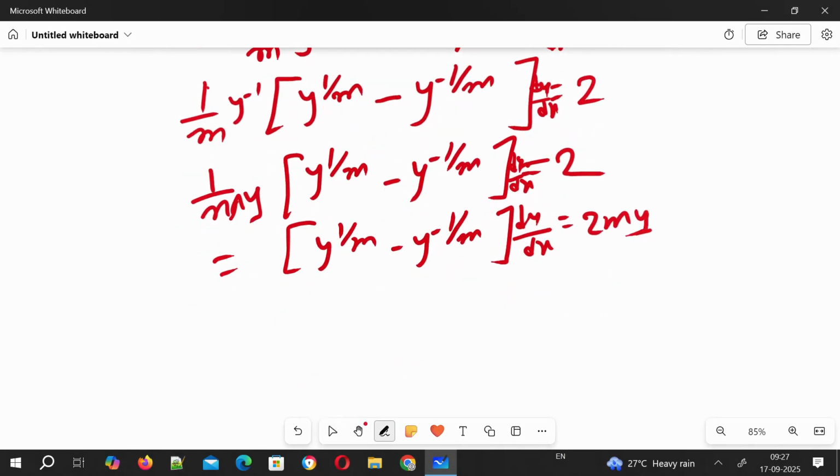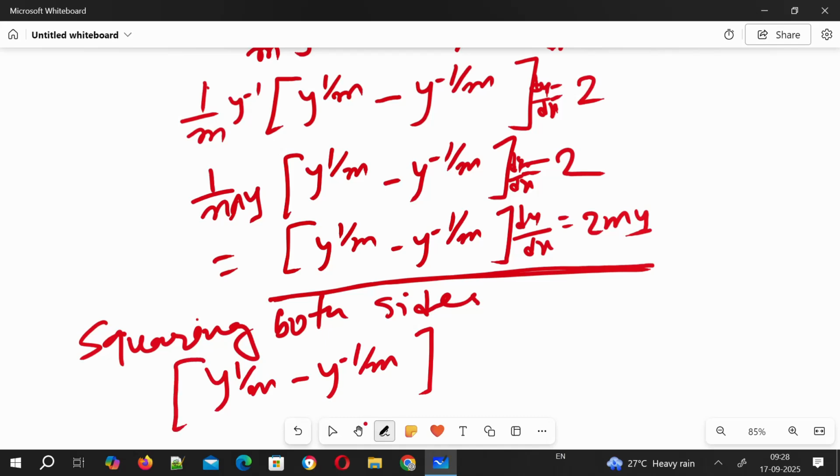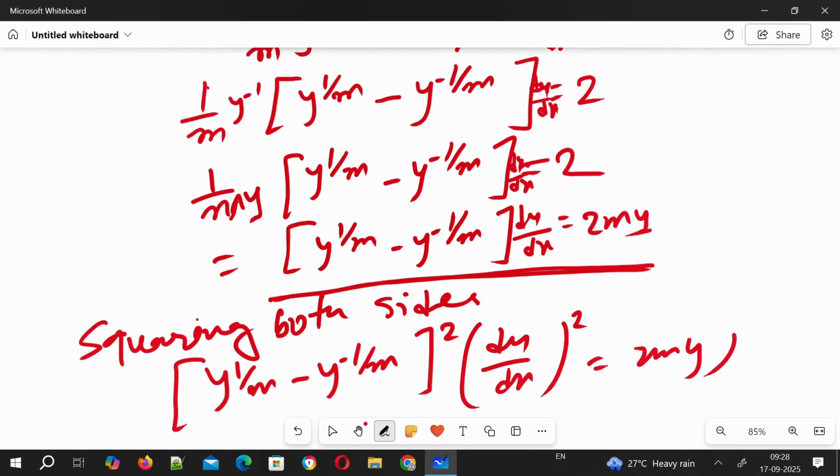Now this equation is formed after the differentiation with respect to x. Now you have to square both sides. Squaring both sides, you can write 1 by m minus 1 by m, the whole squared, times dy by dx squared, equal to 2 m y squared.